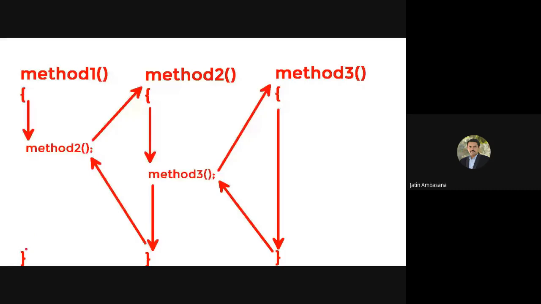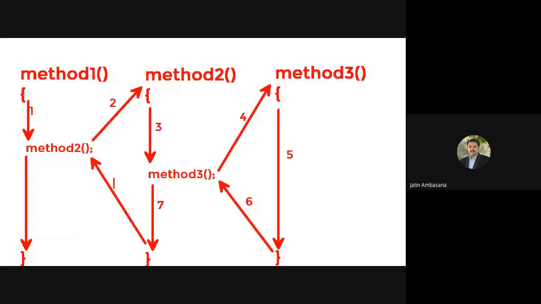This is the normal scenario of what happens, right? If method 1 is calling method 2 and method 2 is calling method 3, method 2 executes up to the method 3 call, then method 3 executes, the control returns back from method 3, then method 2 continues, and then control returns.